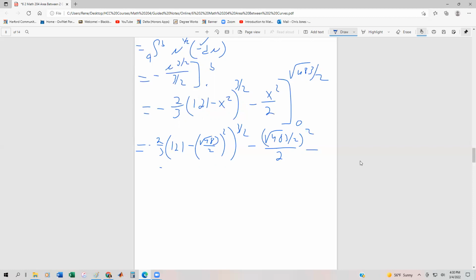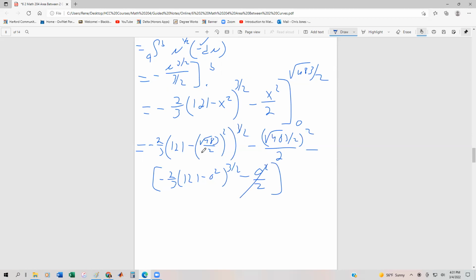And then minus the quantity when we substitute 0 back in, so minus negative 2/3 times 121 minus 0 to the 3/2. Finally, minus 0 squared over 2. If there's any good news about that, that wipes out.